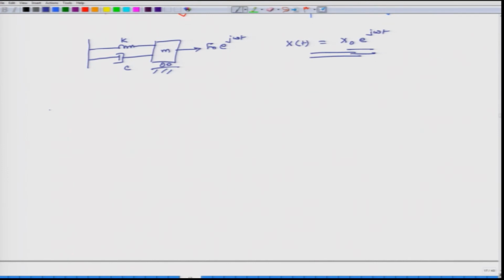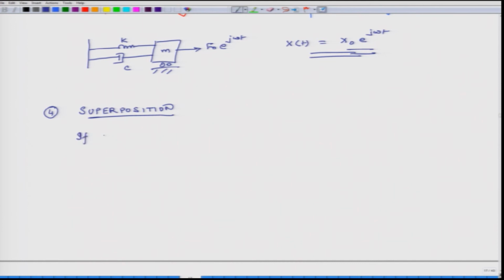And the last one, the last feature of this system is superposition. What do I mean by that?